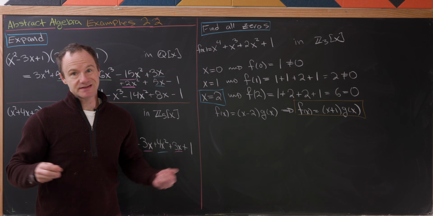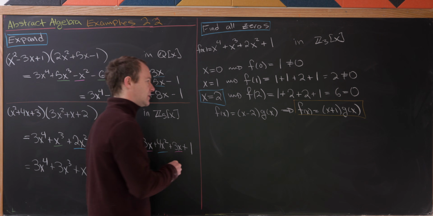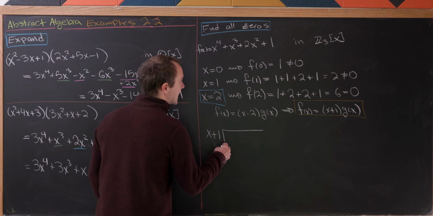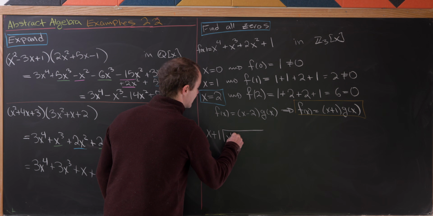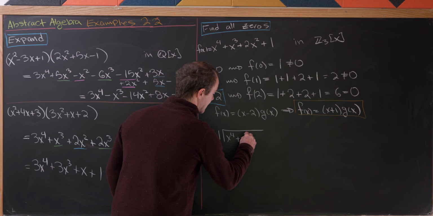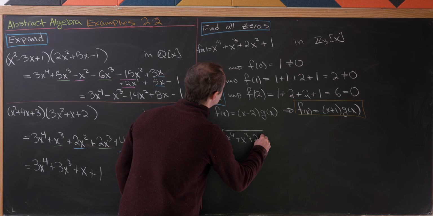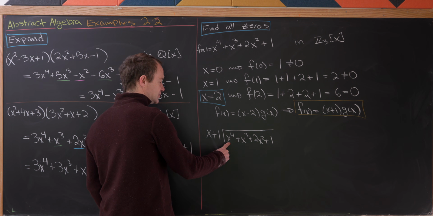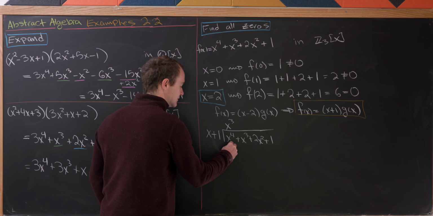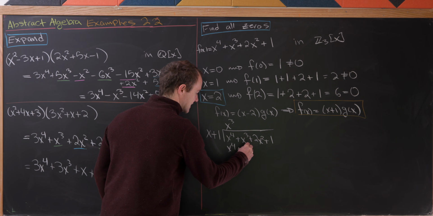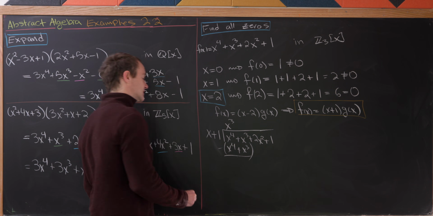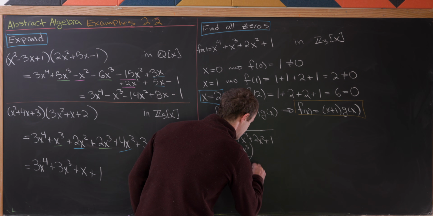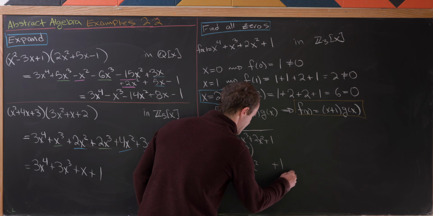And now let's do that factorization just to see what we get here. And we'll do this using standard strategies of long division of polynomials that you learned way back in the day. So factoring x plus 1 from, let's see, we have x to the 4th plus x cubed plus 2x squared plus 1. Okay, so in order to achieve this x to the 4th, we need an x cubed here. That gives us an x to the 4th plus x cubed. And then we group and subtract, but we notice that everything cancels. Now let's bring this 2x squared plus 1 down.